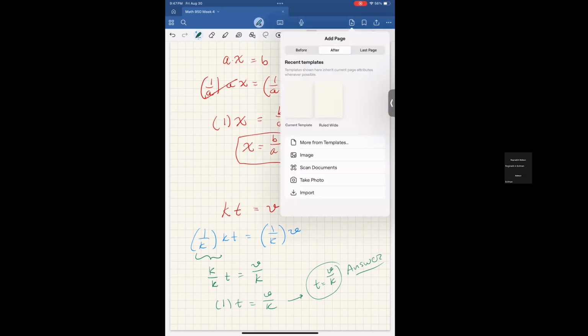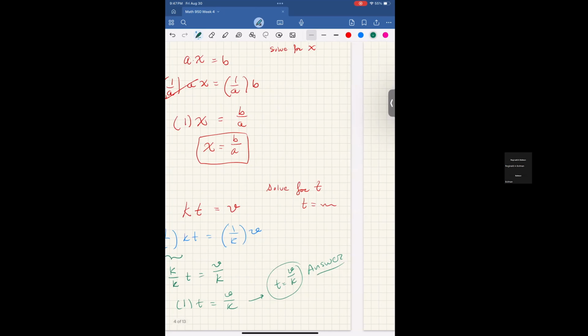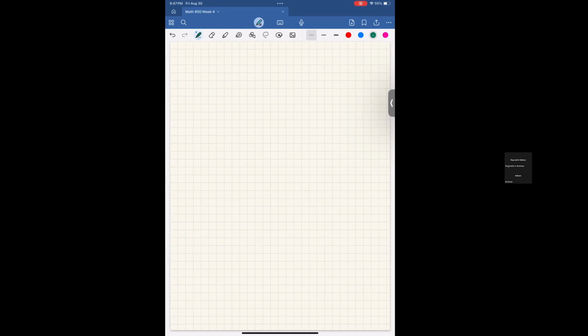Now, the tricky part of these problems with arbitrary variables is just remembering that you can also do rearrangement. And so suppose you had an equation like T times, let's say it's a negative K, or we'll do negative T times K is equal to V. And it says solve for T. Okay.